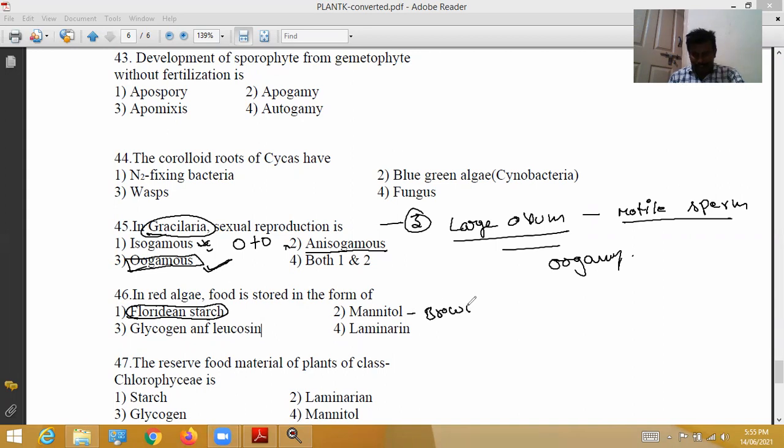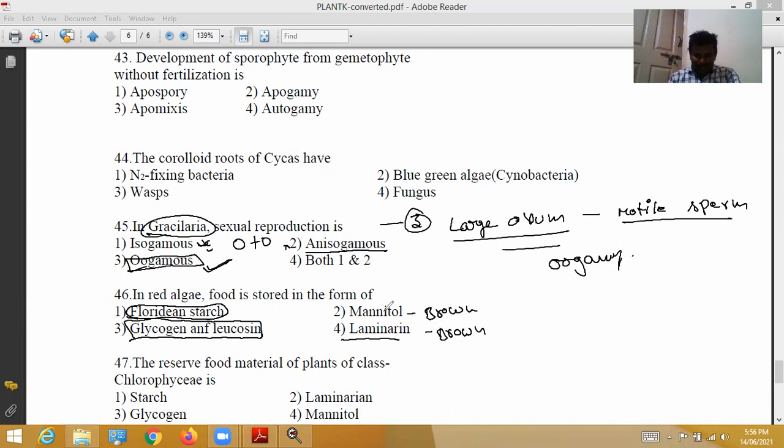In brown algae, the food is stored in the form of laminarin and mannitol.